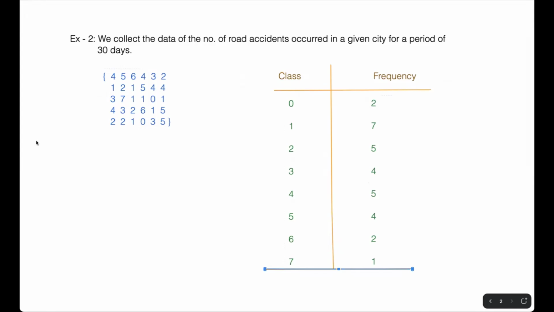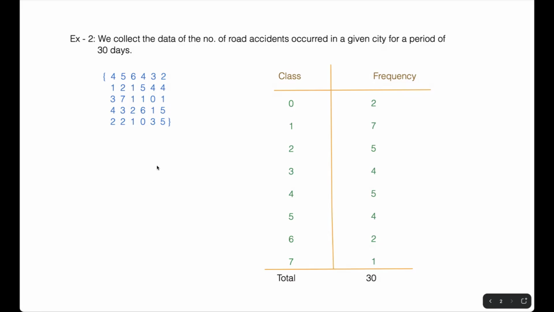So total is equal to 30, right? And so this is again an example of a simple frequency distribution where we simply list the individual values which constitute the classes in this case and their corresponding frequency in the sample, right?